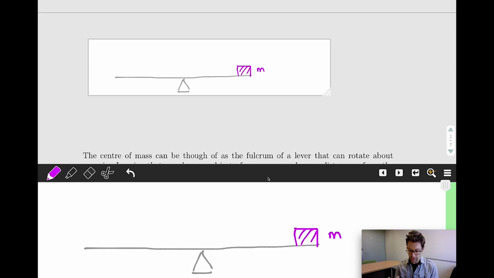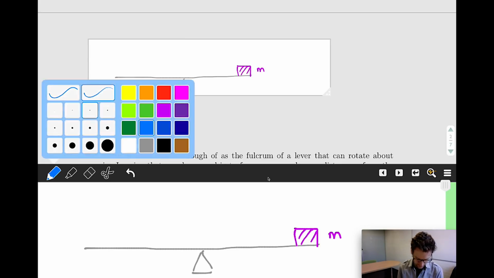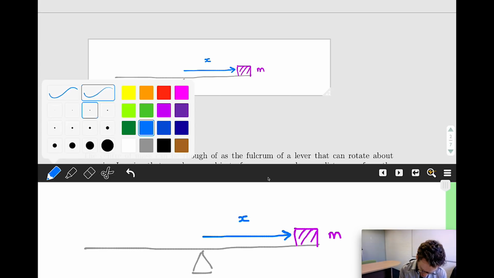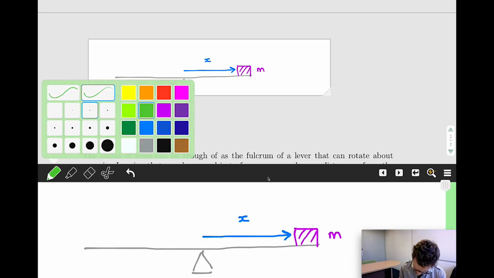Now the question is, how much does it tip it over? Well, that's going to depend on two things. It's going to depend on how much mass I place there, how big m is, but it's also going to depend on how far I place this thing from the fulcrum, right? The further I place it from the fulcrum, the greater that lever force. So I can increase the lever force either by increasing the mass or by putting it further away from the fulcrum.